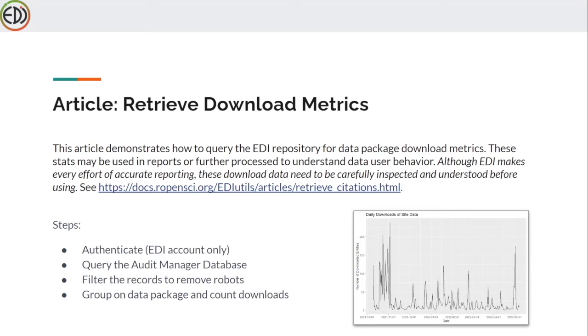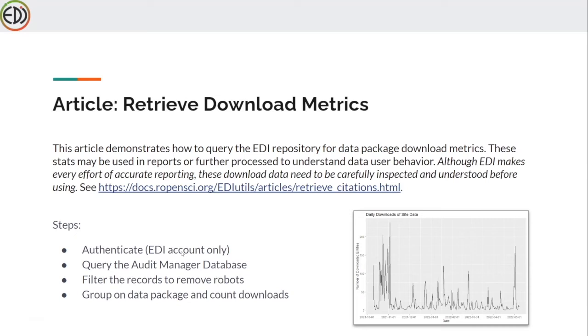And we do take as many steps as possible to providing that information to allow you to meaningfully interpret those metrics that are returning from the read data resources operations and so forth. And so the steps in this article are basically you need to authenticate.